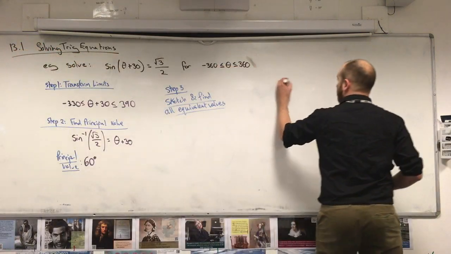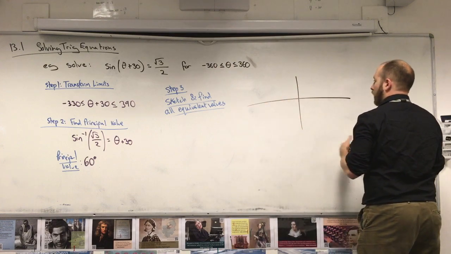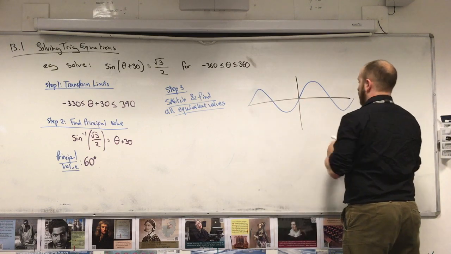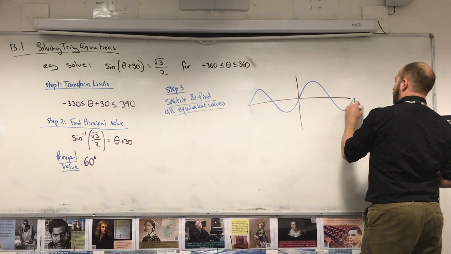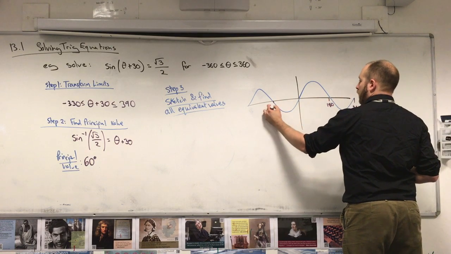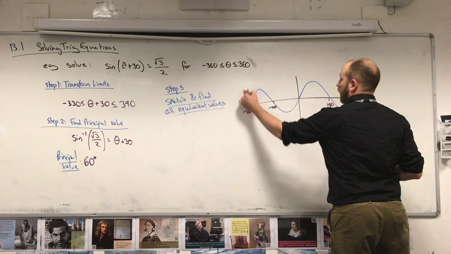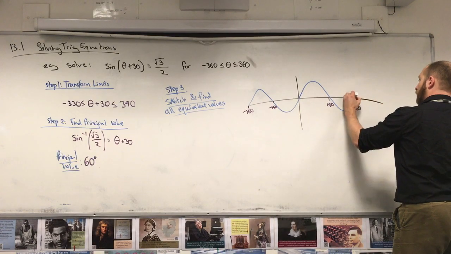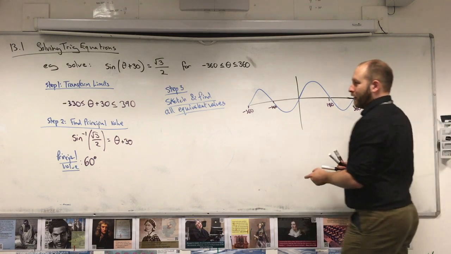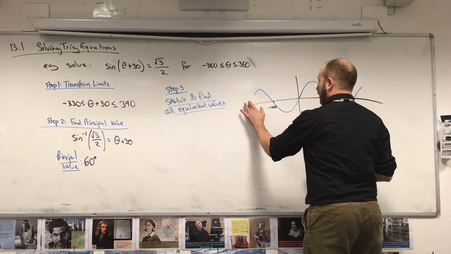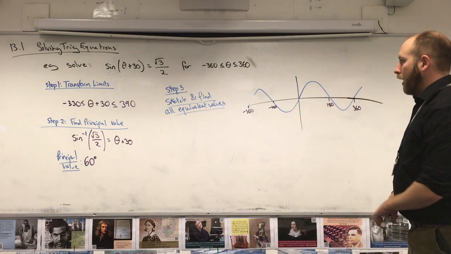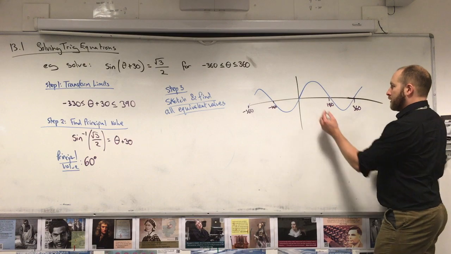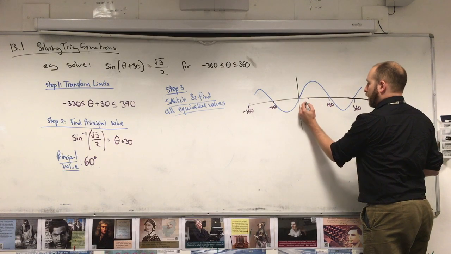So if we do a sketch, we're going up to 390, so we need a little bit more than that, so another 30 degrees worth or something like that. We're only going down to minus 330, so we can get rid of a bit of that. Cool, so our first value is 60 degrees. So find 60, which is about, there's 90, so 60 can be over here.